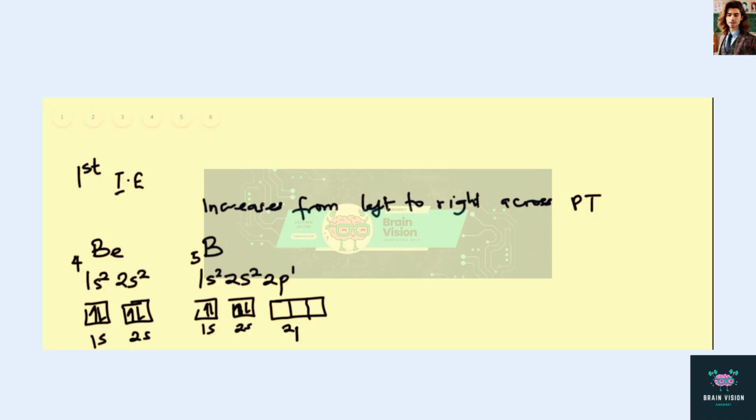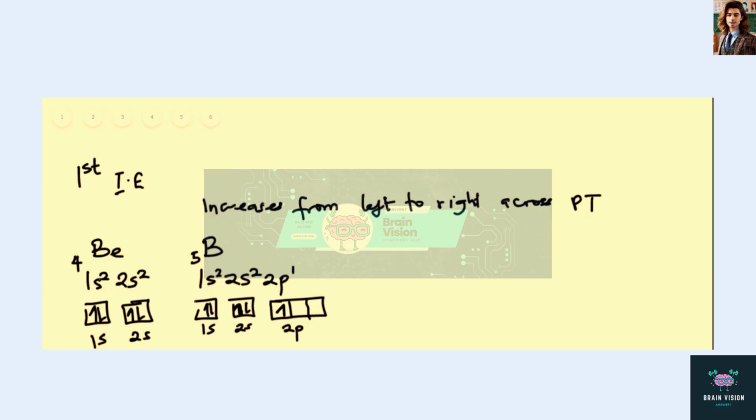So this is 2p. You have just 1 electron in it. So for beryllium here, the orbitals are completely filled. That is, the 1s orbital can occupy a maximum of 2 electrons, and the 2s orbital can also occupy a maximum of 2 electrons. So the orbitals are completely filled.